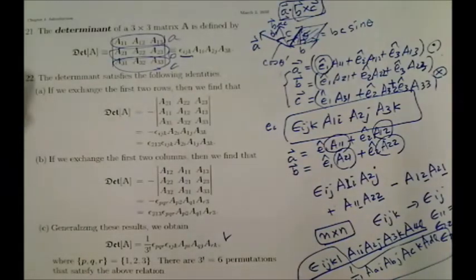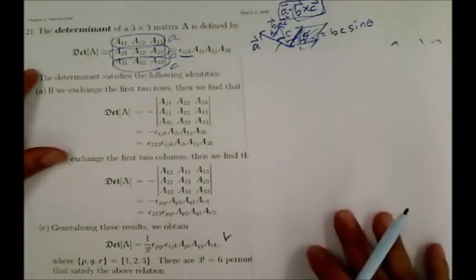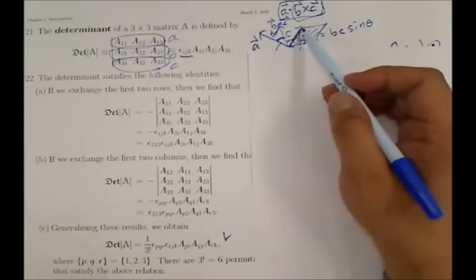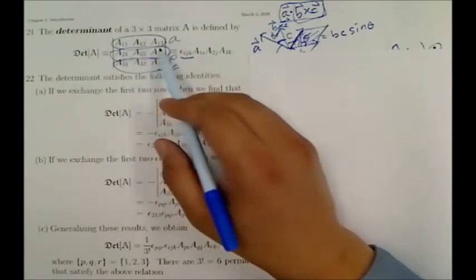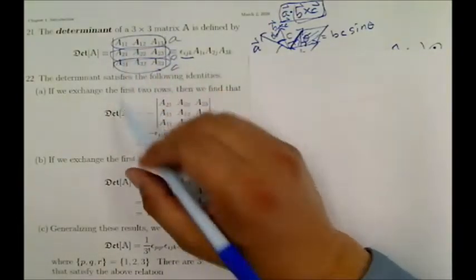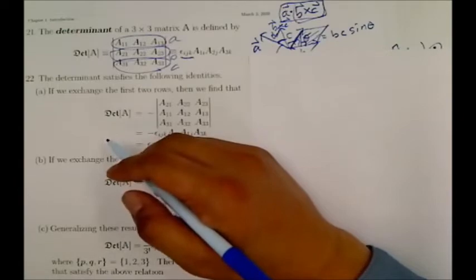Next, we consider the determinant. We remember the triple scalar product, just considered previously. Let us consider the determinant of this 3 by 3 matrix.